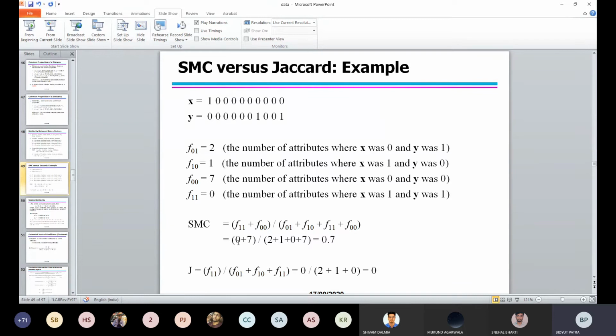But how many times do they agree with 1, 1? Unfortunately, none. These two are not actually similar to each other. But if you compute SMC, the value comes to 0.7. If you compute Jaccard, its value is 0.